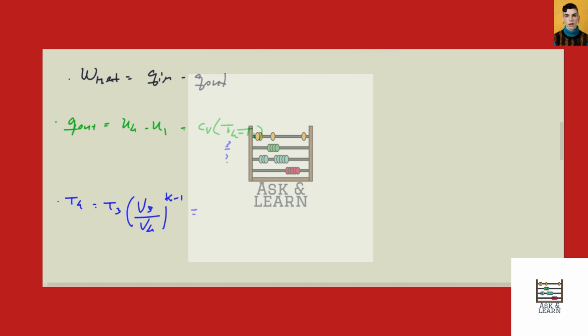So this is equal to 1734 divided by 8, which is the compression ratio, V3 over V4, to the power of 0.4, and that gives us 755 Kelvin.